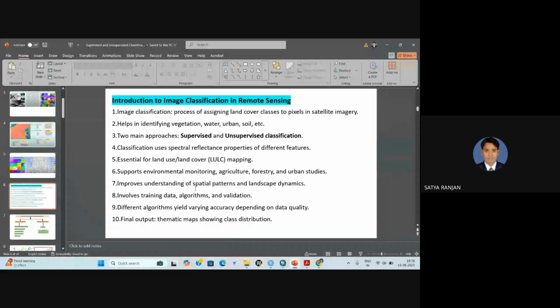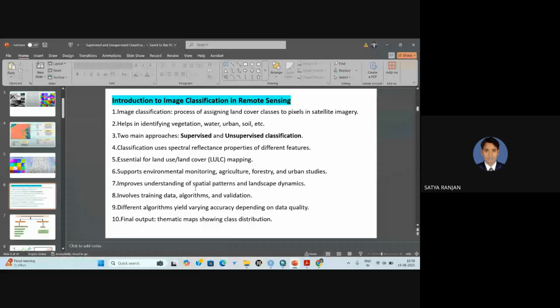A lot of algorithms are used for identification of boundaries of different features, so how they create boundaries based on the pixel information. Different algorithms yield varying accuracy depending on the data quality. If it is high resolution data, then the accuracy is very high as compared to low resolution data.